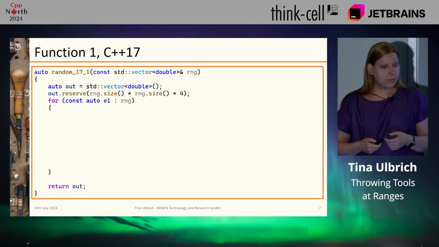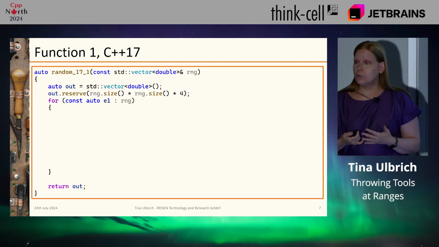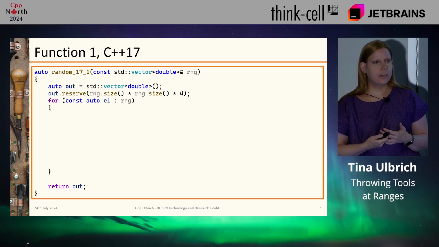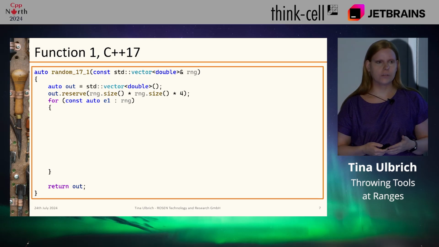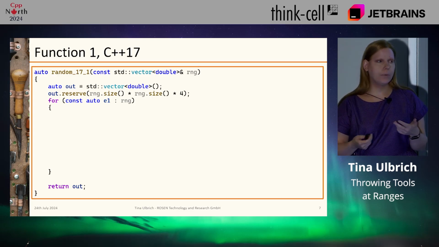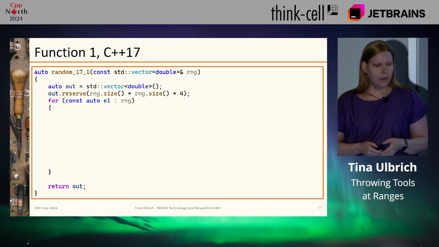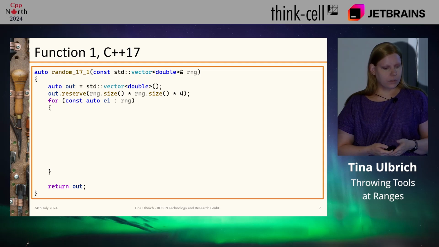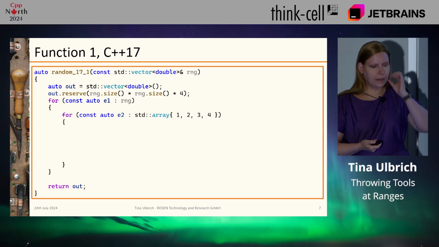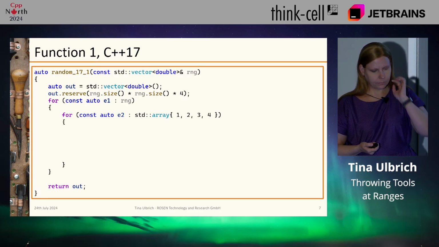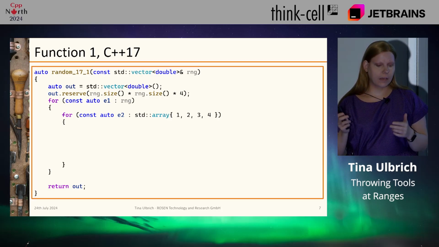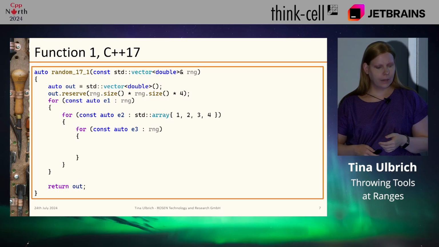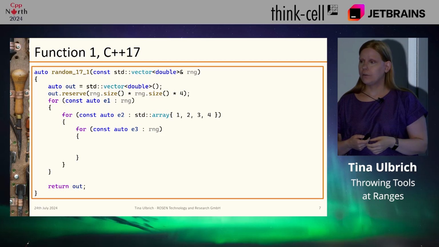So for C++17, I wrote also a nested loop because we don't have a transform variant that takes an arbitrary number of input ranges. We can have 2 input ranges, but we cannot have more of them. So I wrote out the nested loop. I'm using a range-based for loop, iterating over the outer range, iterating over my counting from 1 to 4, and then iterating over the inner range.